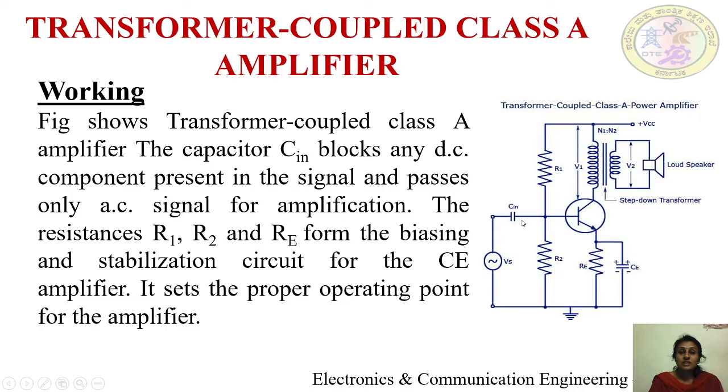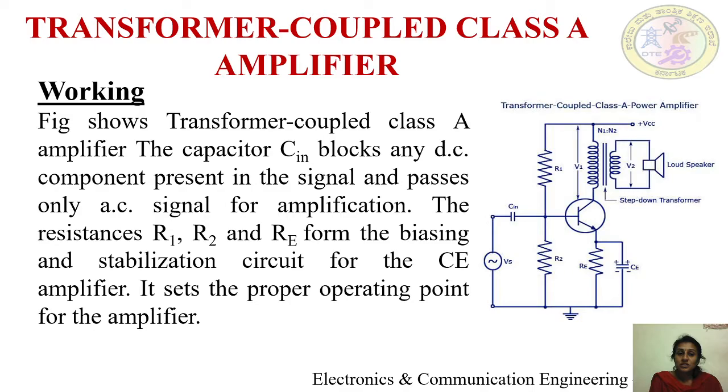The capacitor Cin blocks any DC signal and allows only the AC signal to pass for amplification. R1 and R2 form the biasing resistors and Re forms the stabilization resistor. What do you mean by stabilization? Stabilization is the process of making the operating point independent of temperature changes or variation in the transistor parameters.